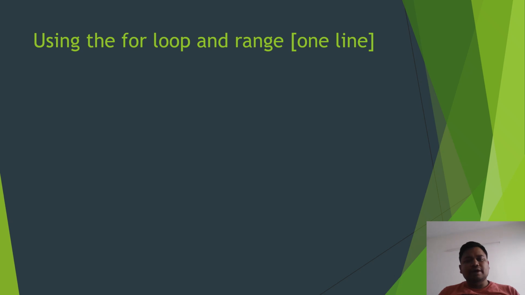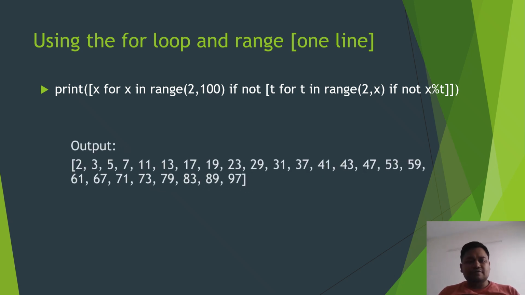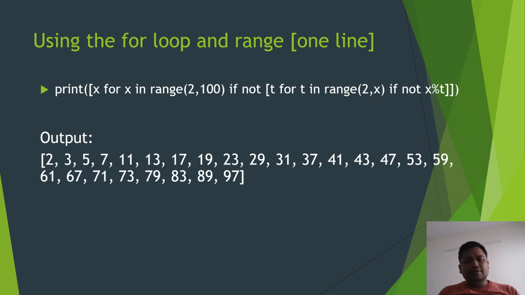Using the for loop and range in a one line statement: print x for x in range 2, 100, if not any x modulo t for t in range 2, x. If it is true or false, the output becomes it prints an entire list of numbers ranging from 2 to 100 which are all prime numbers.